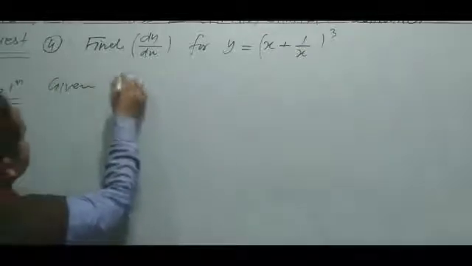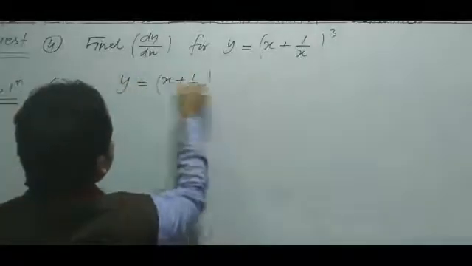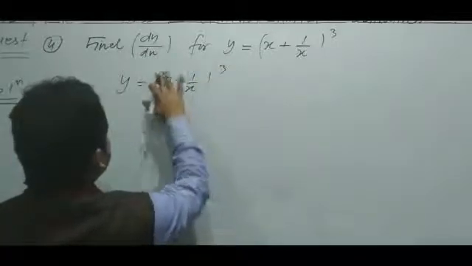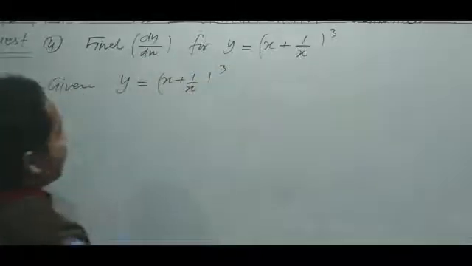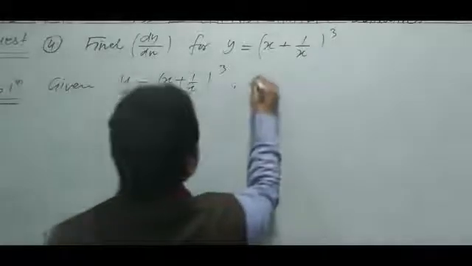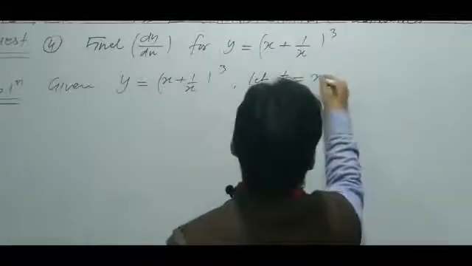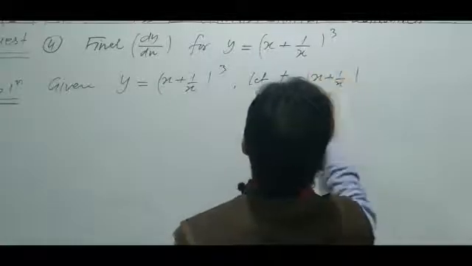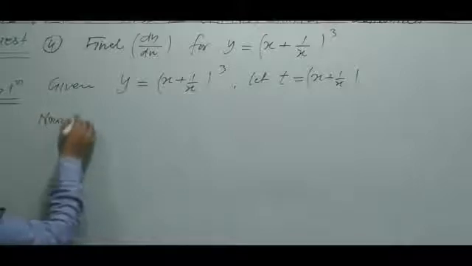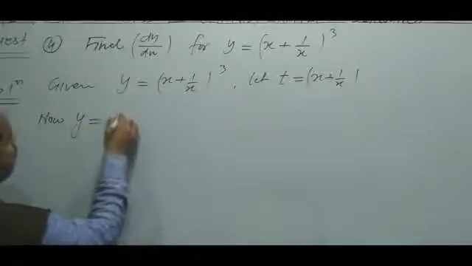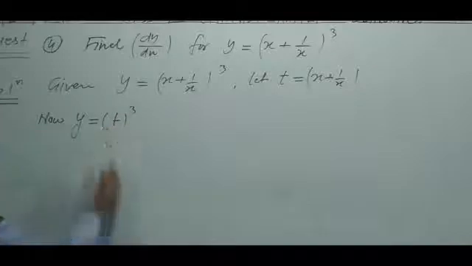Solution. Given y is equal to x plus 1 by x power 3, let t is equal to x plus 1 by x. Now y we can write t to the power 3.